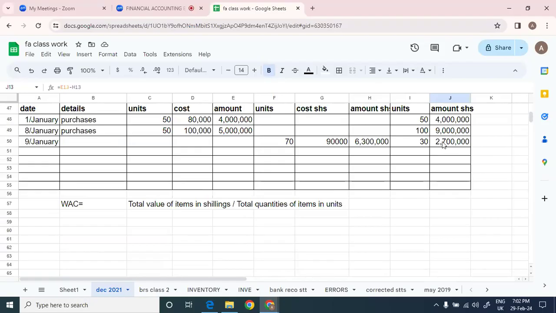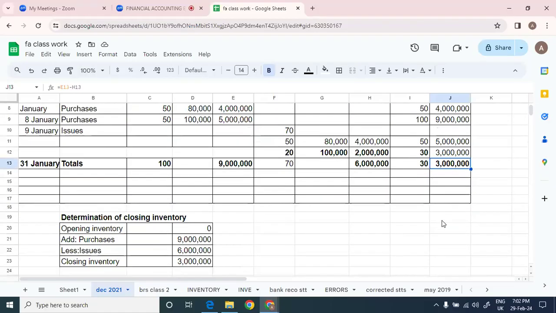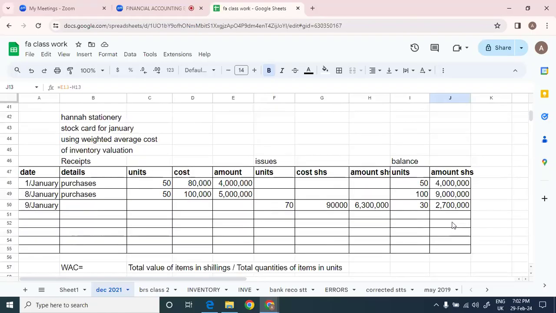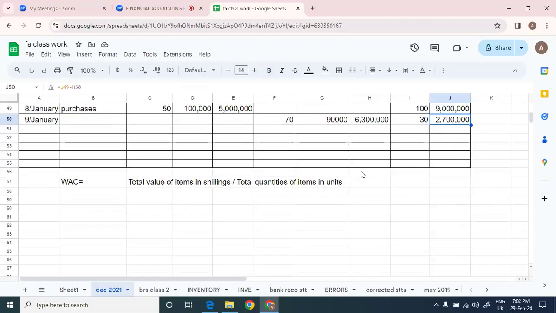As observed, under FIFO the closing inventory is 3 million, but under weighted average, it is 2.7 million. We are continuing. Our question needs gross profit.